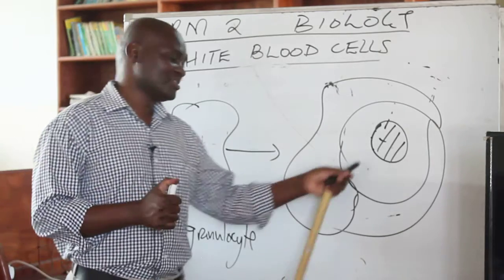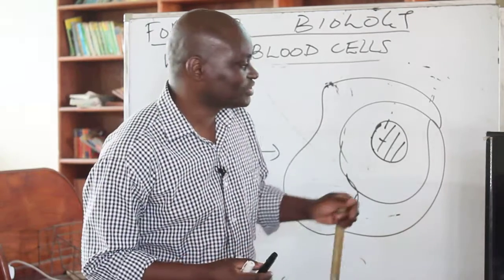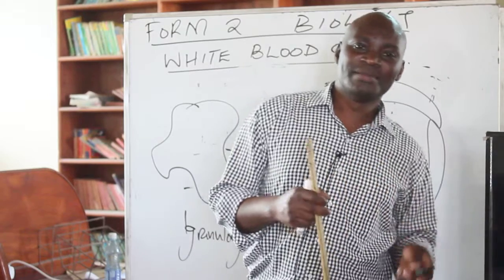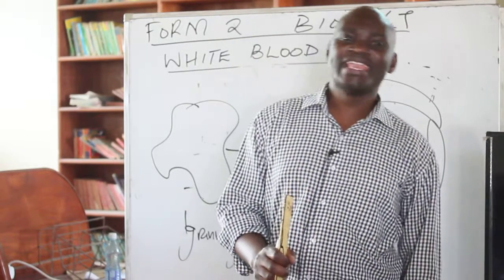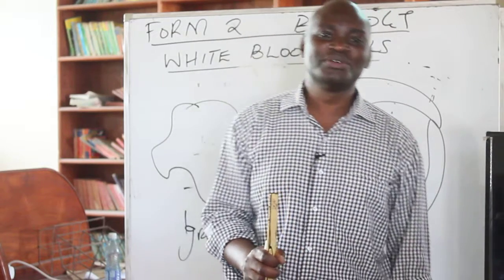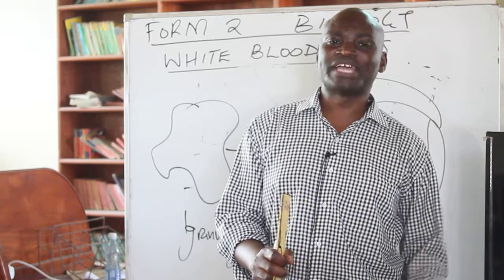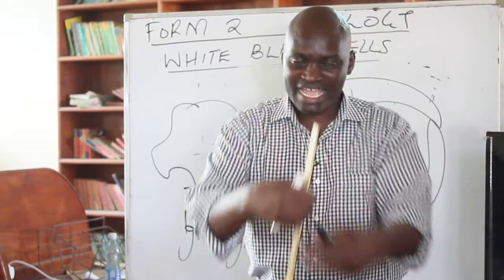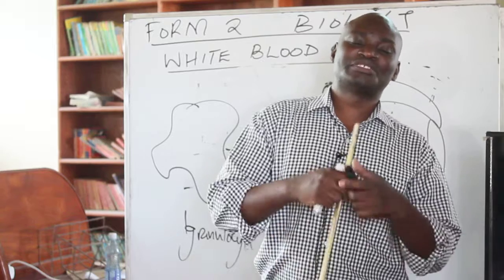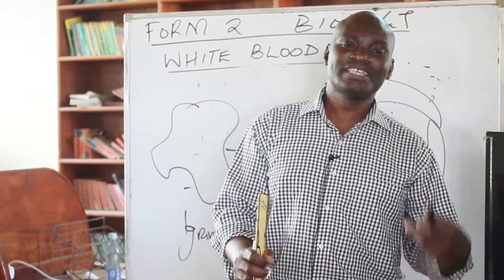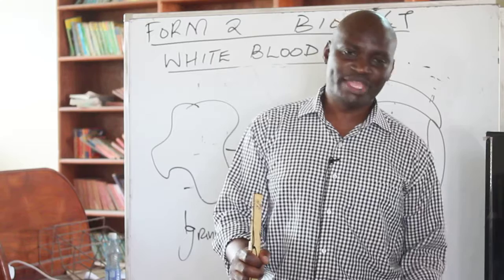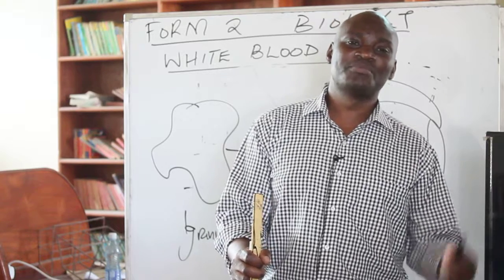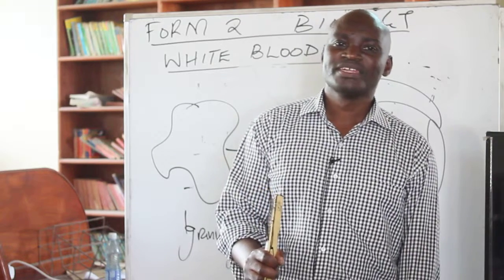engulf, swallow the pathogen. After swallowing the pathogen, through the process of phagocytosis, that is engulfing, then destroying, they will digest the pathogen and destroy it. And through that, they protect the body.